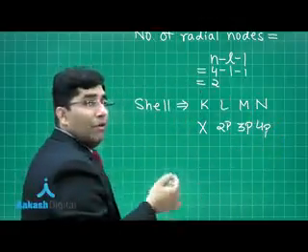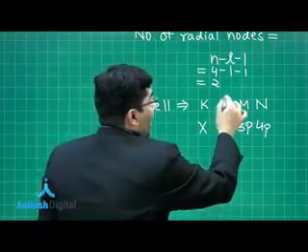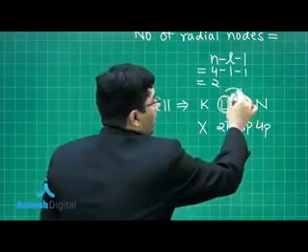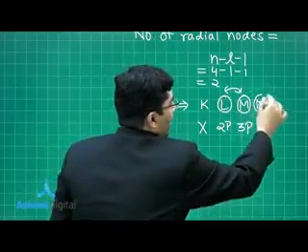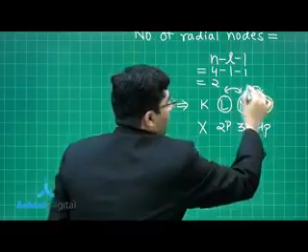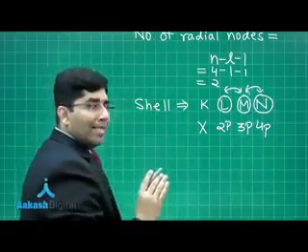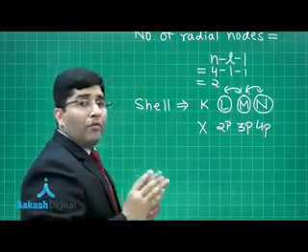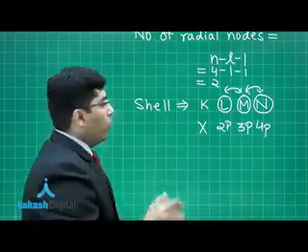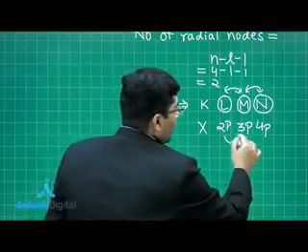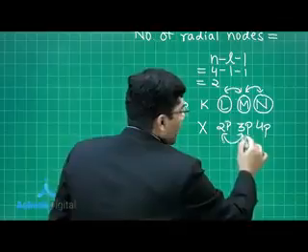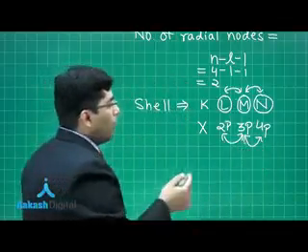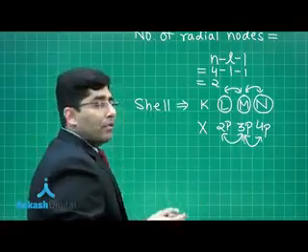So definitely we know that between L and M there will be an energy gap, and between M and N there will be an energy gap. So there will be a place between them where the probability of finding the electron will be equal to 0. So between 2p and 3p there will be a node, and between 3p and 4p, so that's how there will be 2 radial nodes for 4p. That was the final answer.